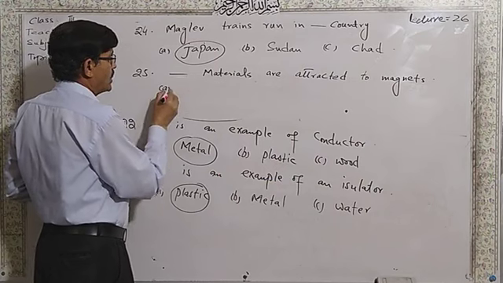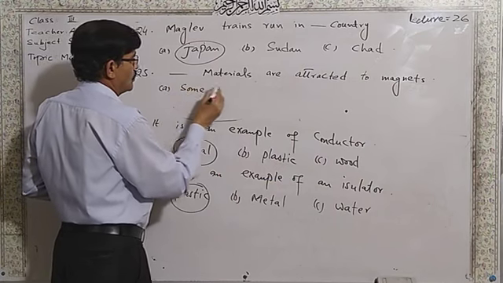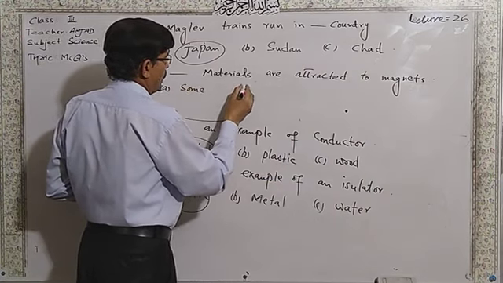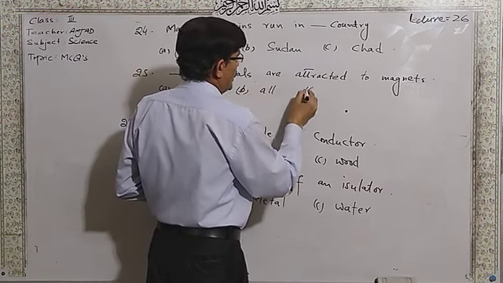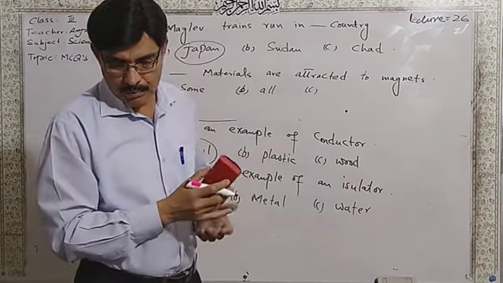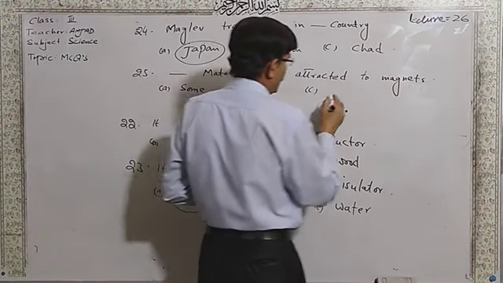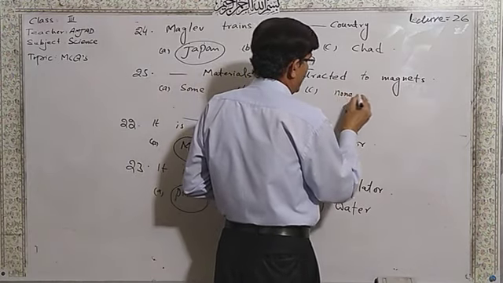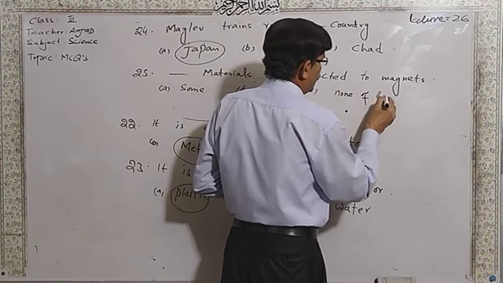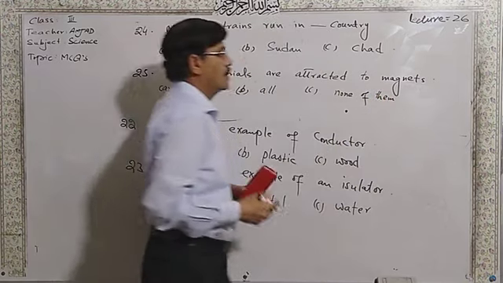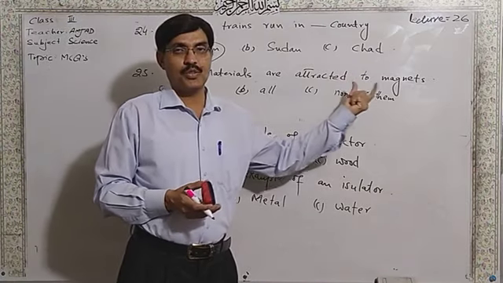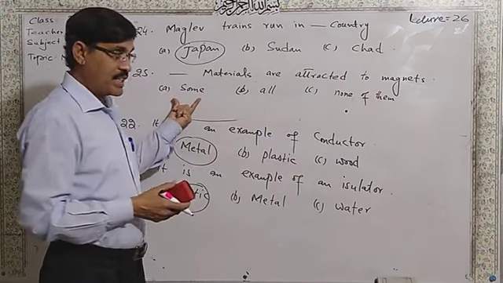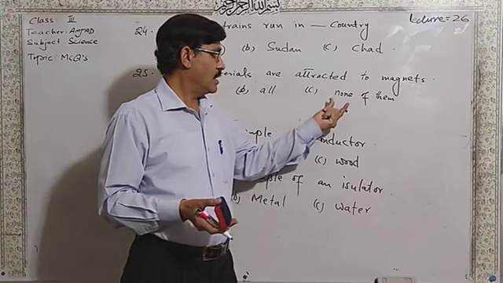We have the options: A, some, B, all, C, none of them. What is the sentence? Dash materials are attracted to magnets. Some materials, all materials, none of them.